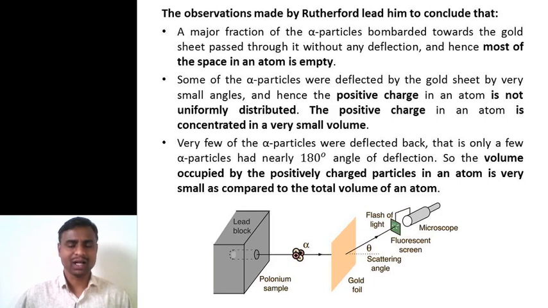These scattered alpha particles are collected on the fluorescent screen, and by detecting them, Rutherford calculated the scattering angle. With the help of the scattering angle, he concluded that most of the space in an atom is empty. The central part of the atom consists of all the positive charge, and the volume of that positive charge is very, very small.